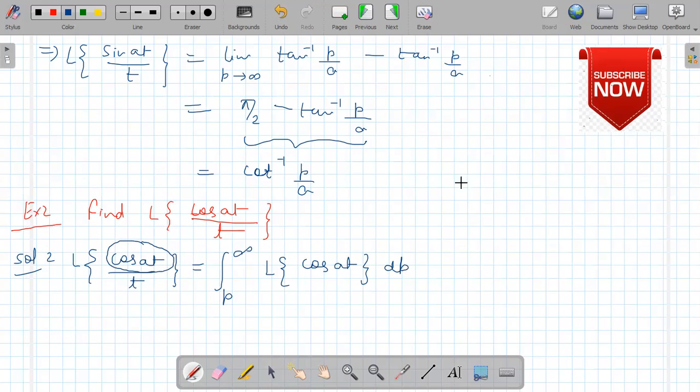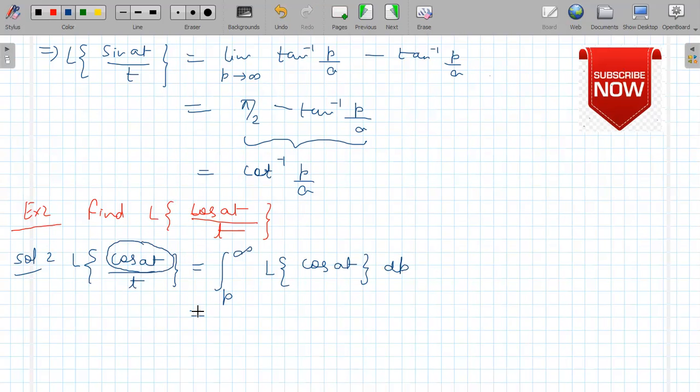This is now equal to integral p to infinity p upon p square plus a square dp. Its integral is 1 upon 2 log of p square plus a square.